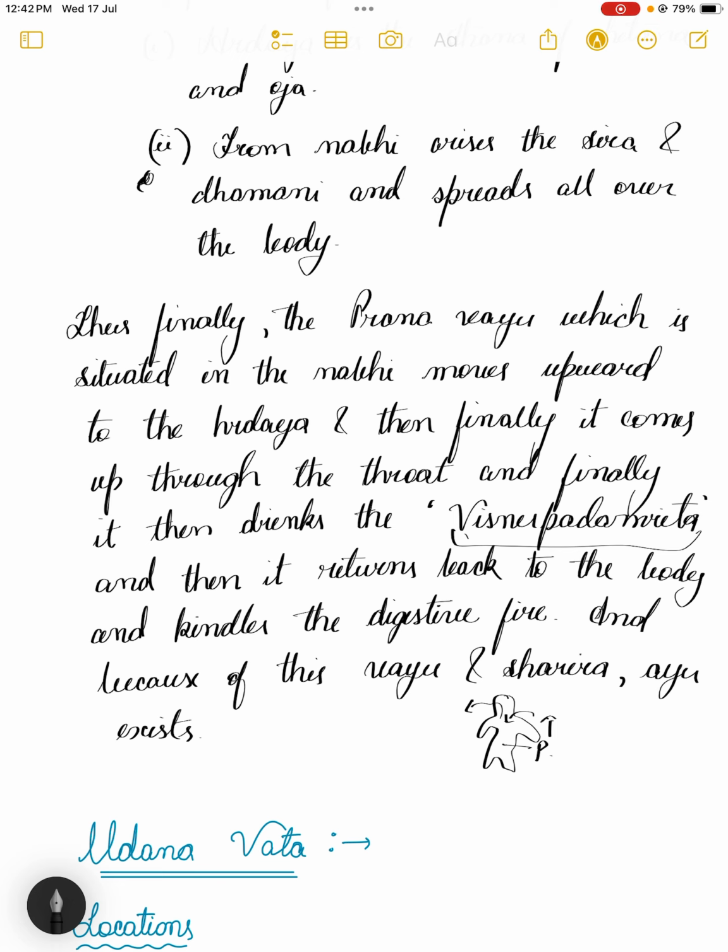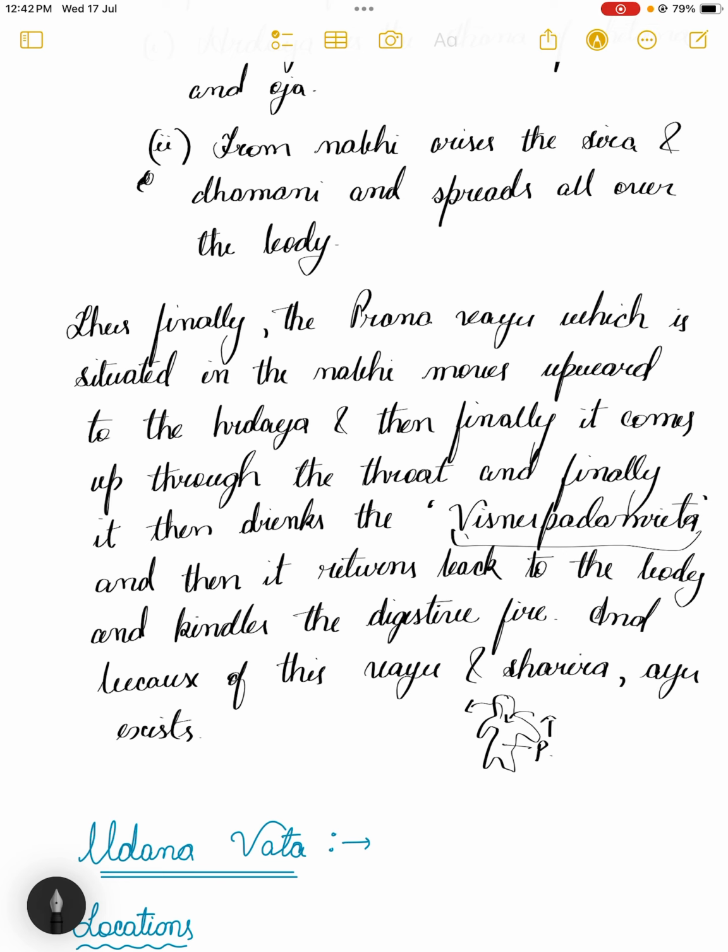Now, what does it mean? Vishnu Padam Amrit actually means the atmospheric air, which is rich in oxygen. And then it again returns back to the body by the same route and kindles the digestive fire, that is the Jataragni. And because of this, Vayu and Sharira function jointly together, Ayu exists.